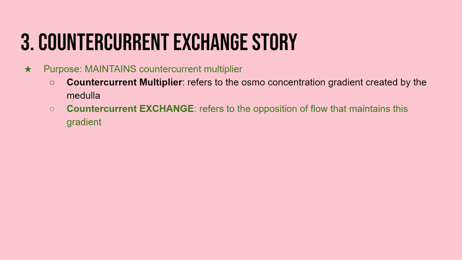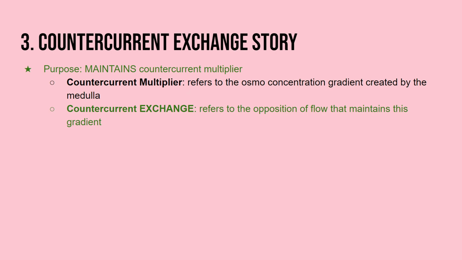Okay, something else to add here is the recycling of urea. Now we're talking about the urea story: the collecting duct is permeable to urea, so urea leaves, and some enters the blood, comes down, and then there is a transporter for urea.